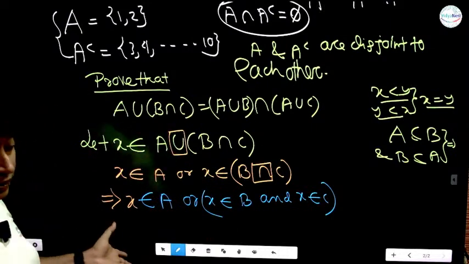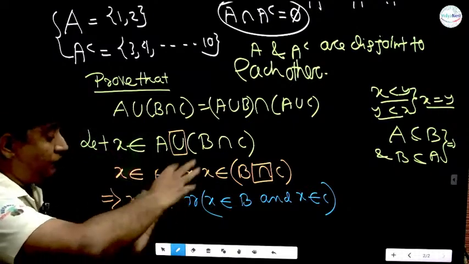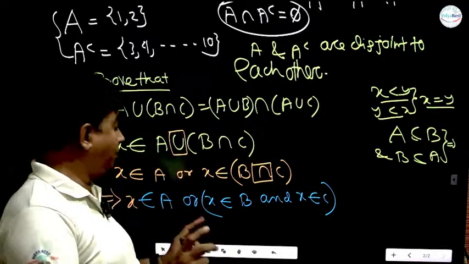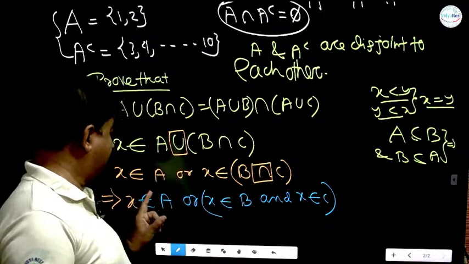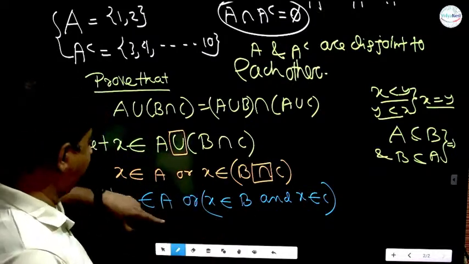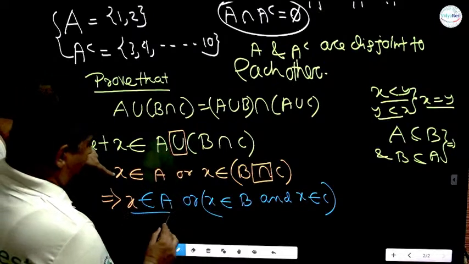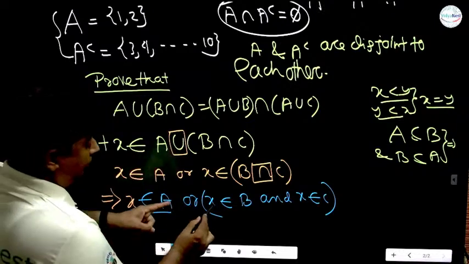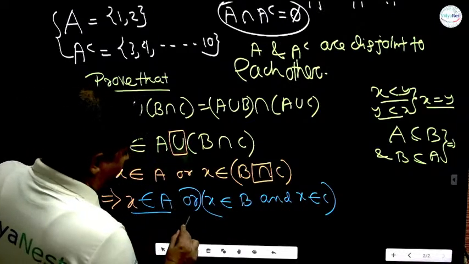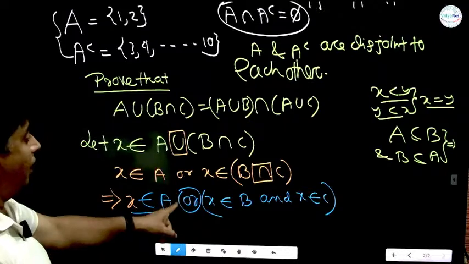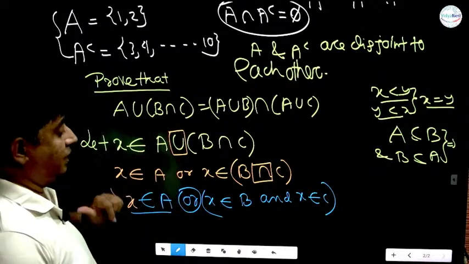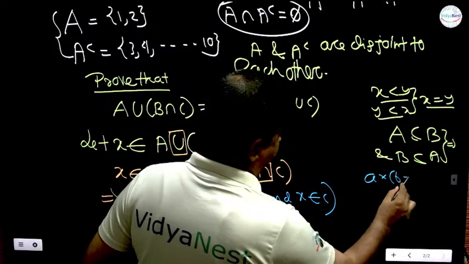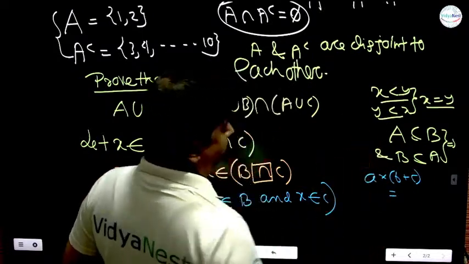Now, you remove this bracket and plug the elements in proper way. x belongs to A will be clubbed with x belongs to B with an OR sign.